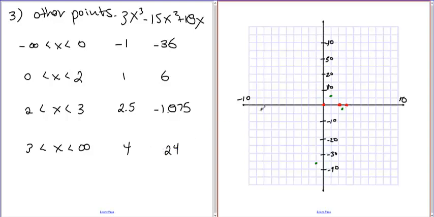And 4, 24. So now we have all these points, and then we just sketch the graph. So we come through this point. The end behavior says that we came from negative infinity. We go up here. Oh, I forgot the y-intercept.